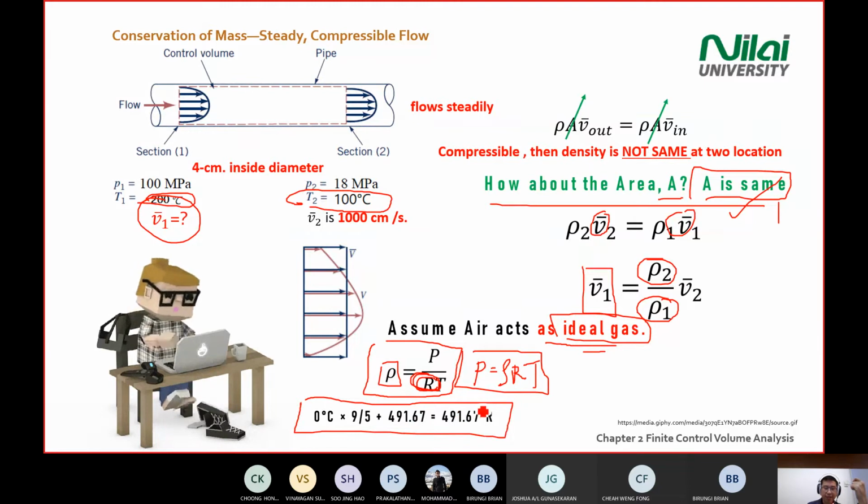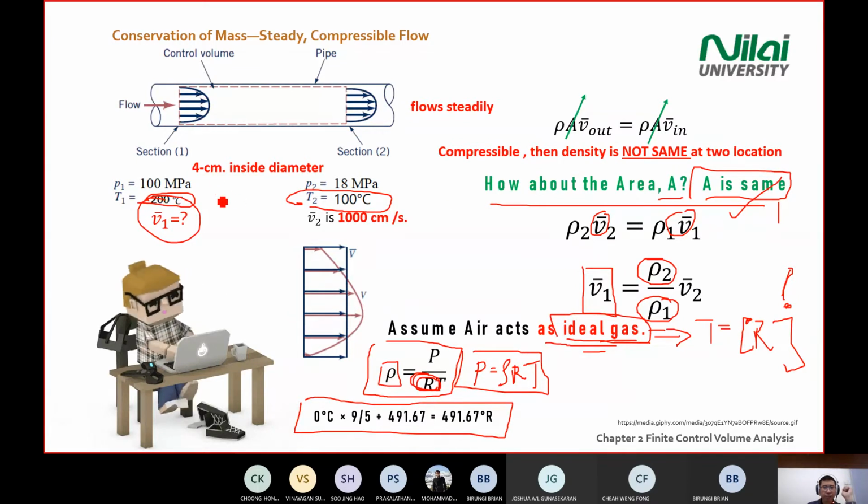You get the Rankine temperature. Again, for ideal gas, temperature is in the unit of Rankine every time you use the ideal gas equation. This is also the trick. There are a lot of tricks in the question, so be careful. Yes, Celsius is the SI unit, but when you do calculation using the ideal gas equation, remember the unit. So you have two temperatures here, convert them into Rankine.